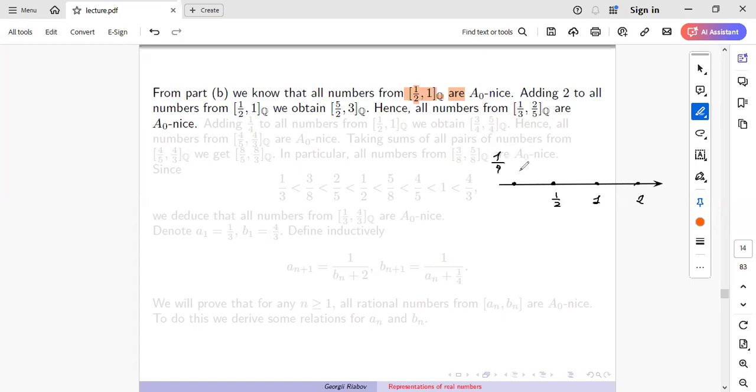Of course, the scale is wrong here, but we are only interested in the order. And we also get numbers from 1/3, which is somewhere here, let's say, to 2/5, which is less than 1/2.